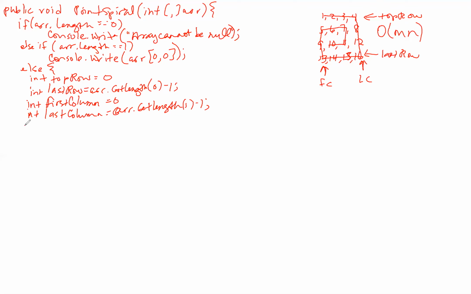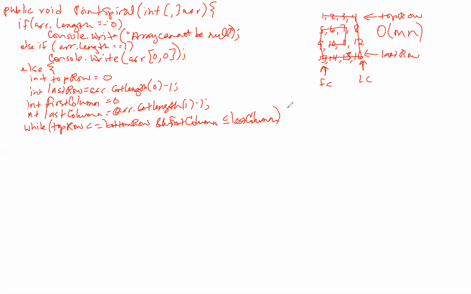So while top row is less than or equal to bottom row, and first column is less than or equal to last column, we will keep looping through.